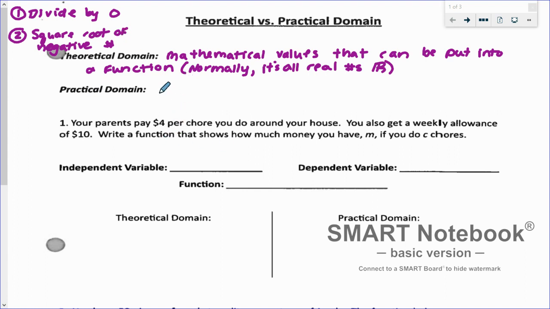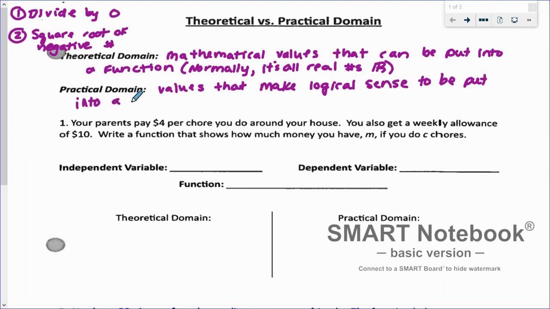So the practical domain are the values that make logical sense to be put into a function. We only have a practical domain when it's a word problem.